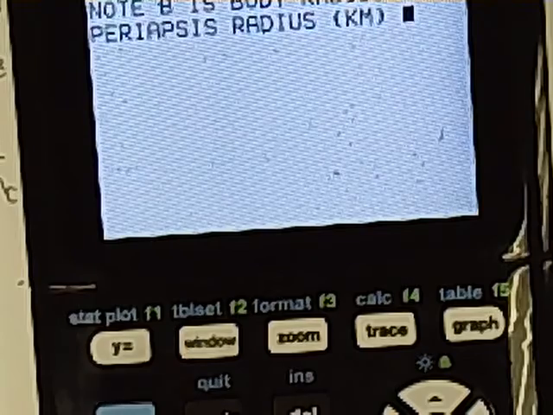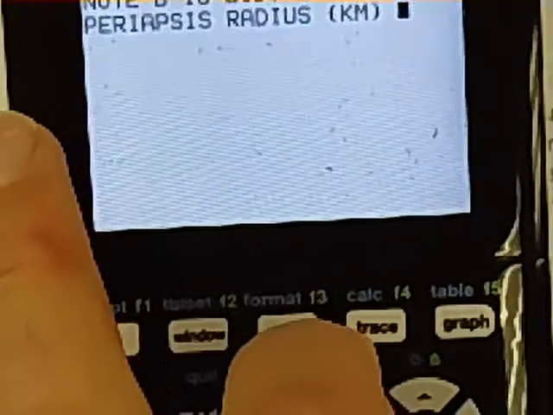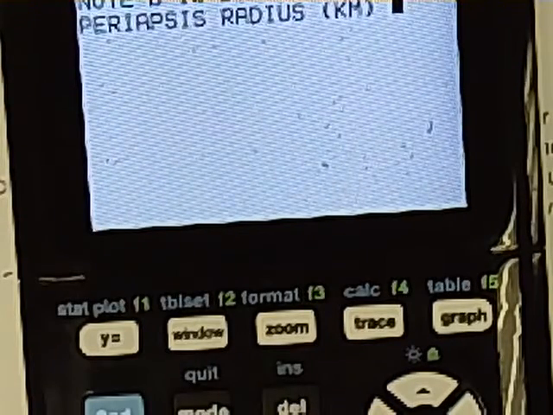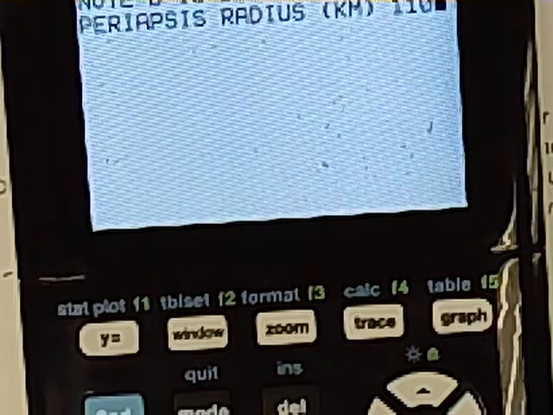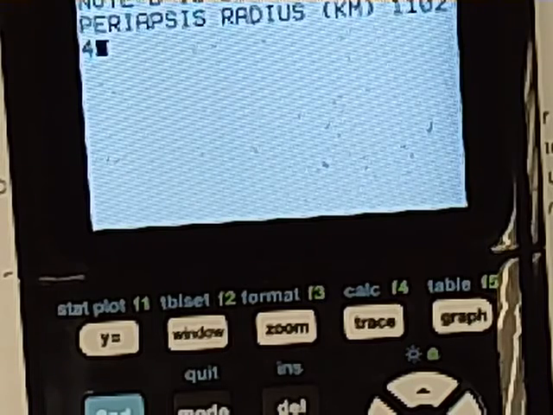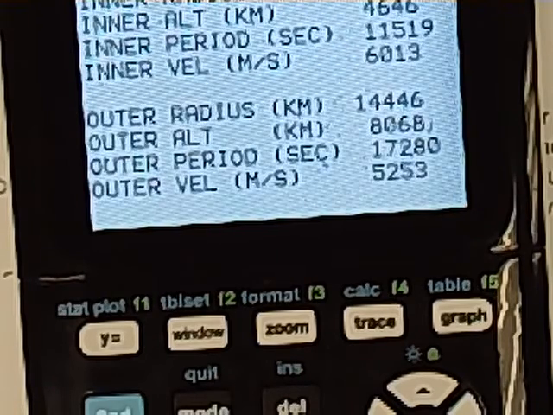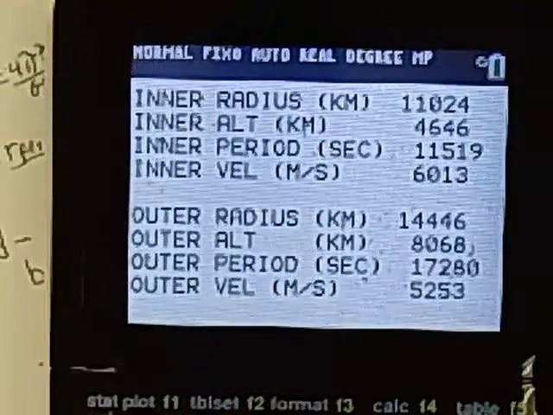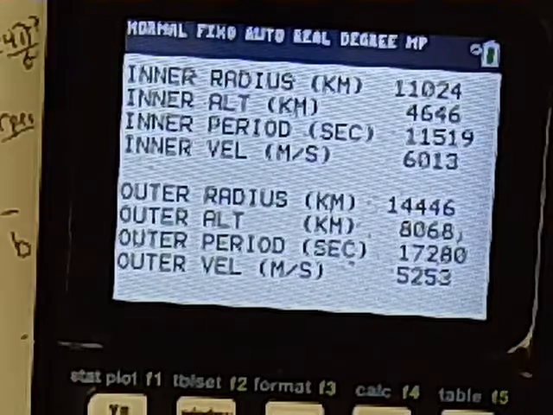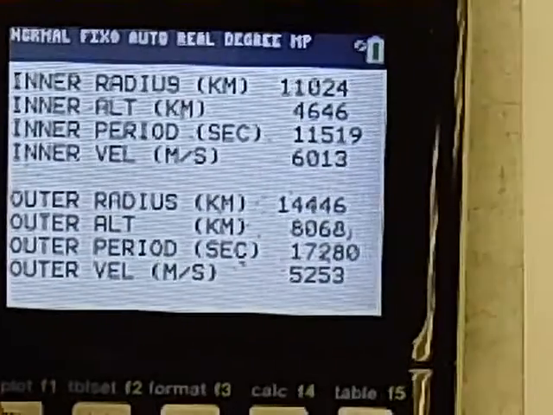I always have to put in the inner radius first, because my program will crash if I go backwards: 11,024 kilometers. I put in the apoapsis radius second: 14,446 kilometers. And now here are all the wonderful answers to the rest of problem 4.